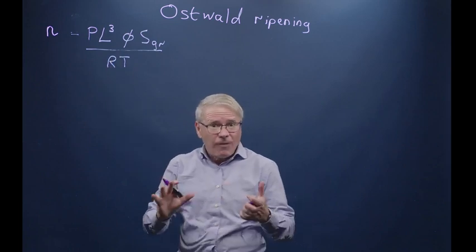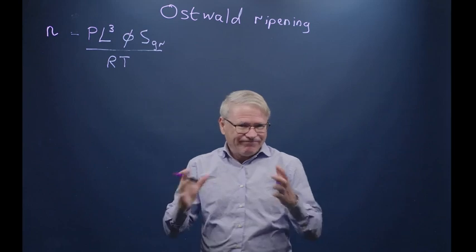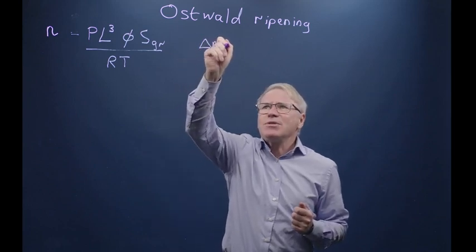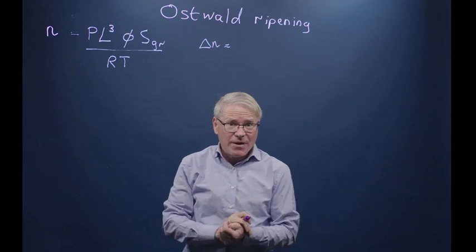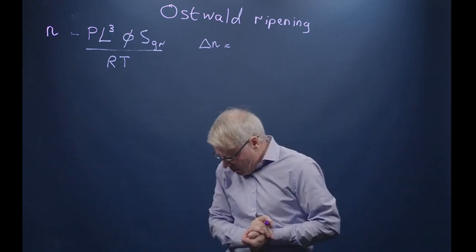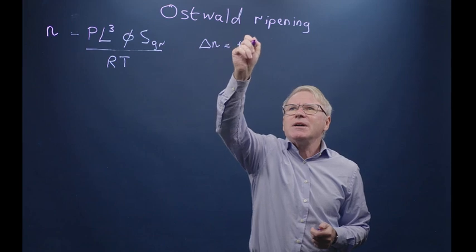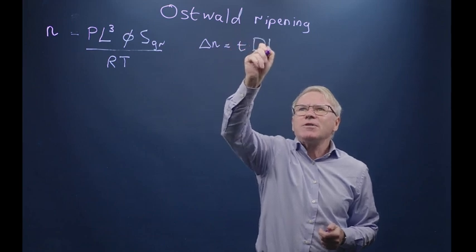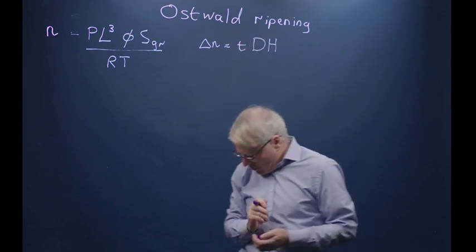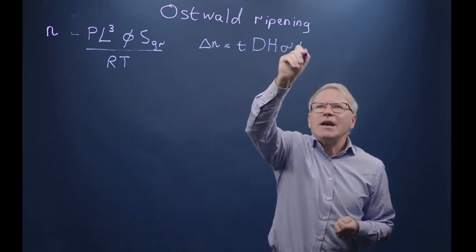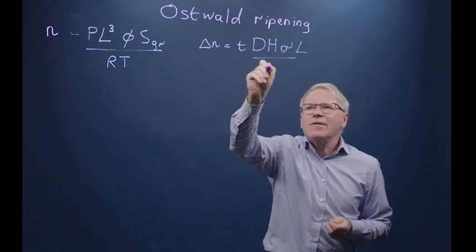And then the total flux over a time t, and that was measured in moles, so it's the change in the number of moles that is possible because of the flux, is proportional to time, the diffusion coefficient, Henry's constant, interfacial tension L over R.